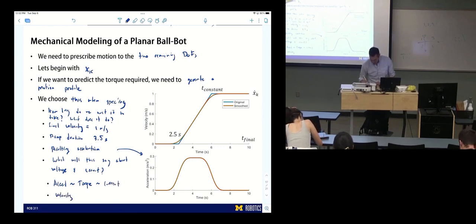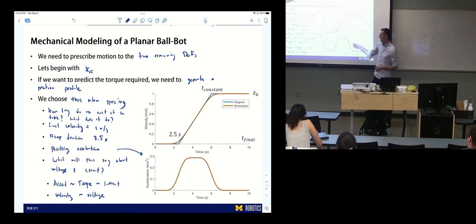Velocity is gonna be similar to voltage. So if we did this right, we should see a voltage profile that generally does something like this, and a torque profile that generally does something like this. We could go one level deeper and talk about how these would change, but maybe we'll come back to that. It's a little much.